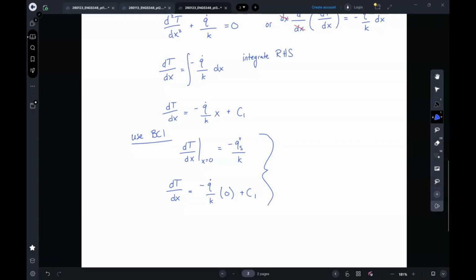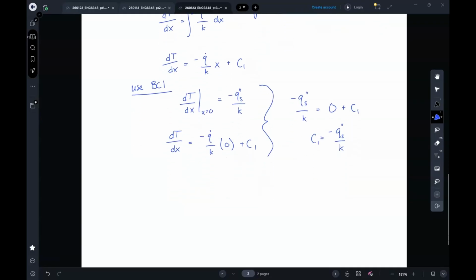So what this means is minus qs double prime over k, that's what my boundary condition says, must be equal to 0 plus c1. That's what my heat diffusion equation says, evaluated at 0. So what this tells me is c1 has to equal just minus qs double prime over k.